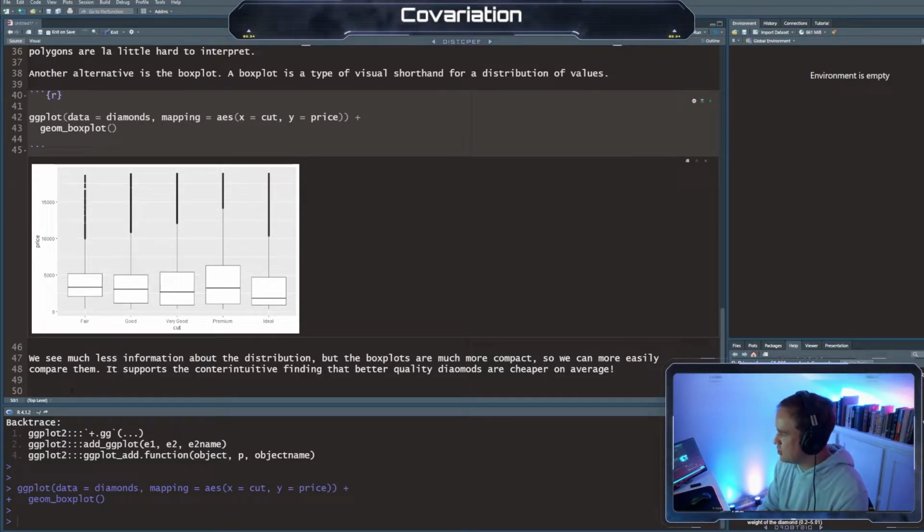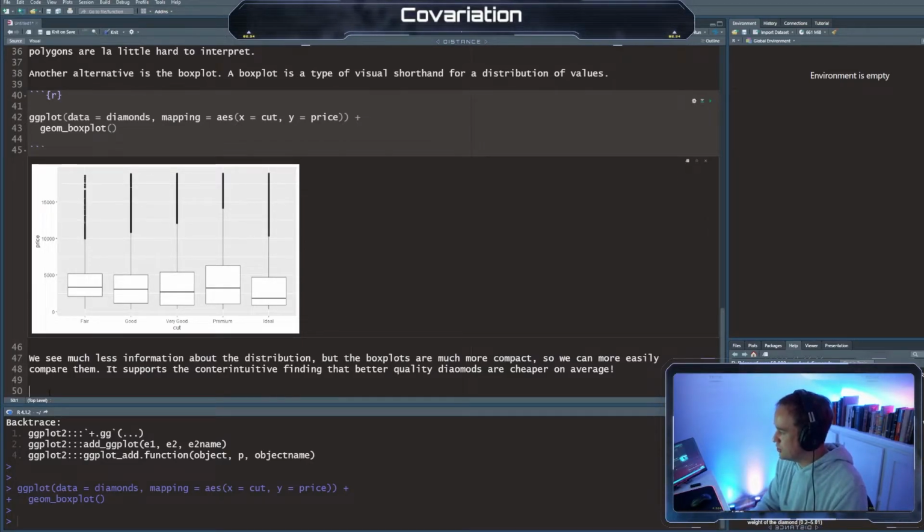Okay, so if you have categorical variables, we have them lined up, right? Fair, good, very good, premium, and ideal. Let's load a different data set just to show how you can reorder things based on average. Because this makes sense, right? Fair, good, very good, premium, ideal. That's kind of like a hierarchical, intuitive ranking system.